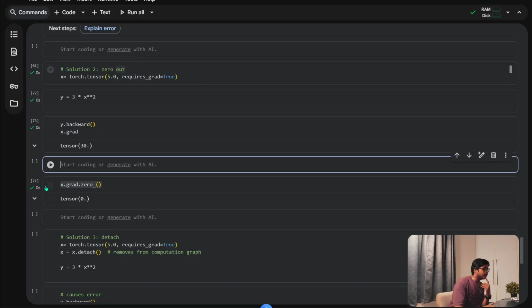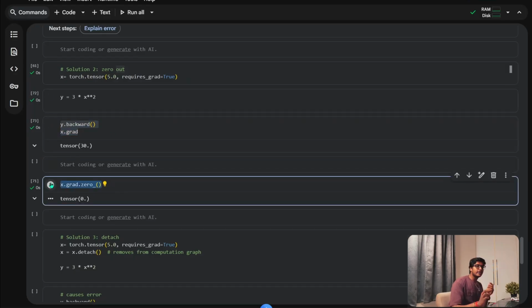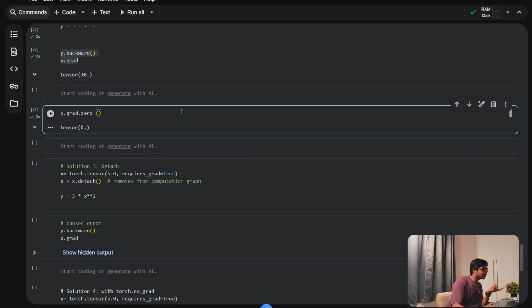So the idea is we first execute these lines and then we zero it out. We make the values 0 so that if we're accumulating, we get the original value itself. So this is the second solution.